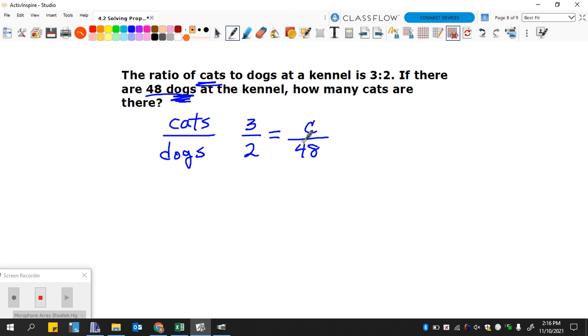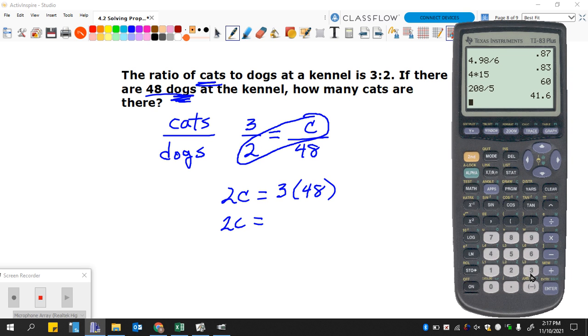Once again, I cross multiply with the variable, so that is 2C is equal to 3 times 48. 3 times 48 is 144.